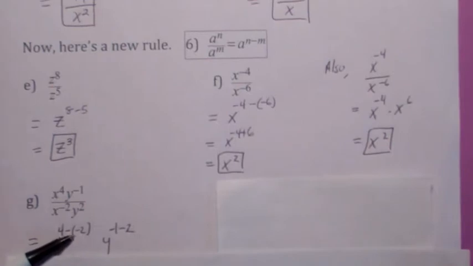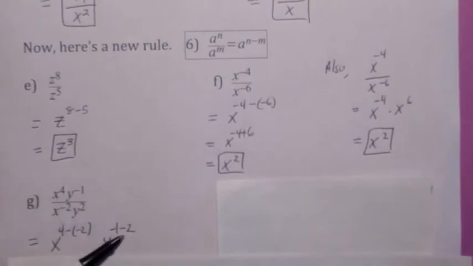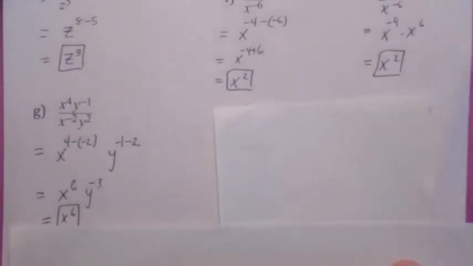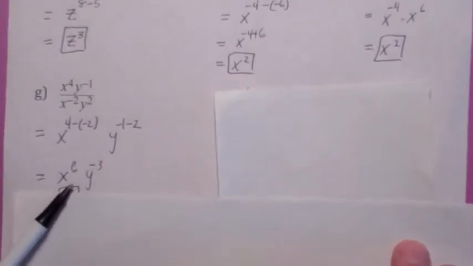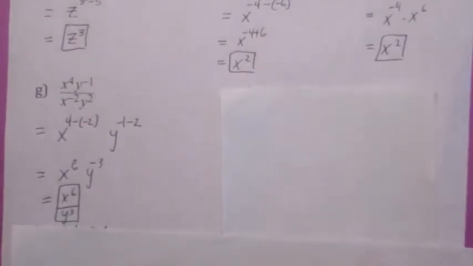Be careful with your minus signs. And here you could subtract the exponents on the y, and write y to the negative 1 minus 2. So you get x to the 6 times y to the negative 3. You wouldn't leave your answer like that. You would move your y to the negative 3 down to the bottom. So your answer would be x to the 6 over y to the 3.